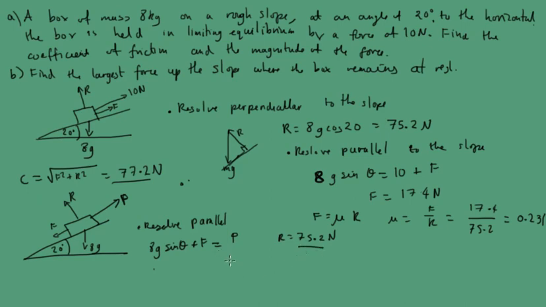And we know that F from before was mu R, which was 17.4 newtons. Although F is now in the opposite direction, because the contact force has not changed, mu won't change because mu is the coefficient of friction.